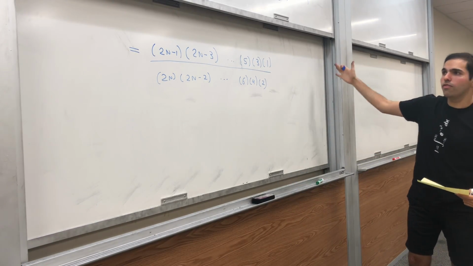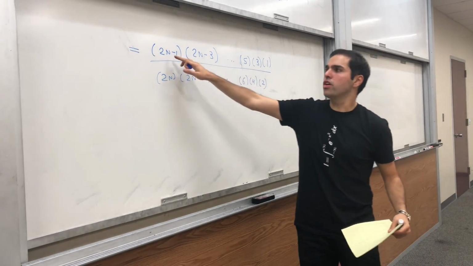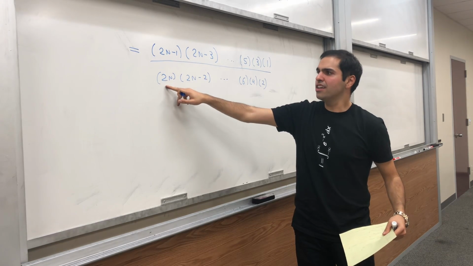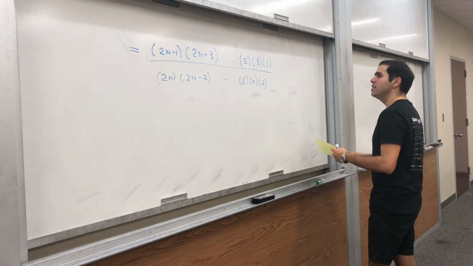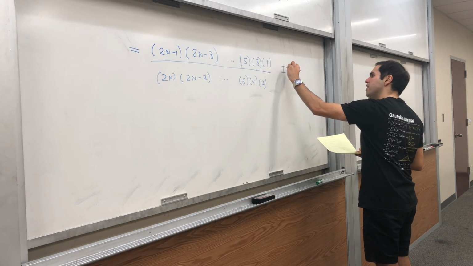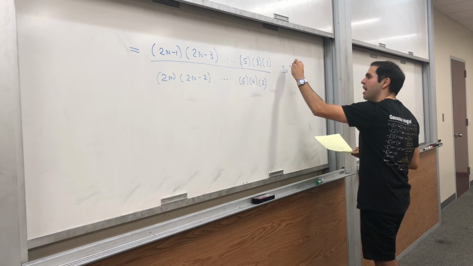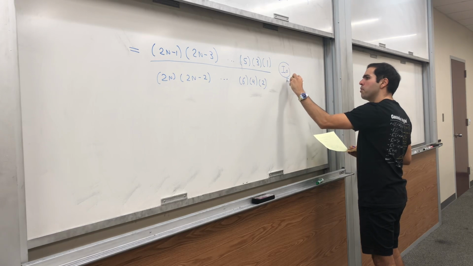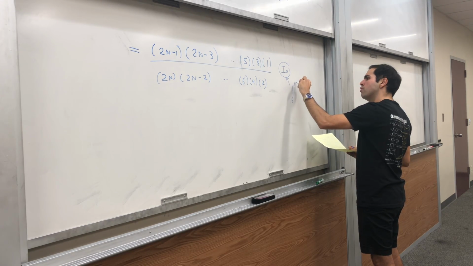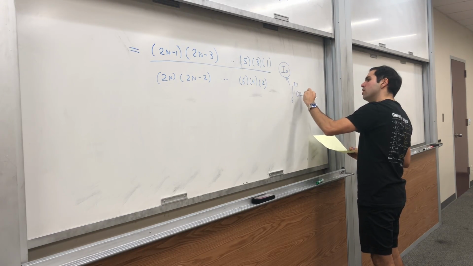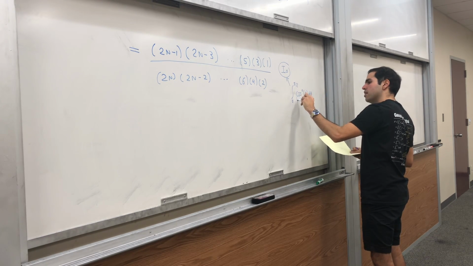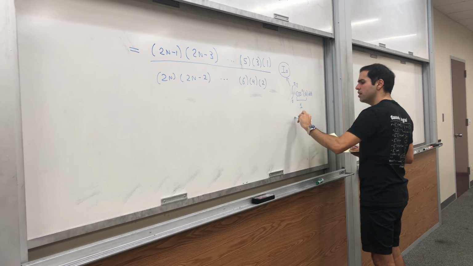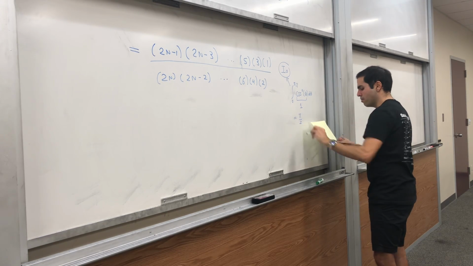Again, the product of all the odd numbers starting at 2n minus 1 and the product of all the even numbers starting at 2n in decreasing order. And in the end, the last term becomes I of 0. And remember, I of 0 is the integral from 0 to pi over 2 of cosine 0 theta d theta. But that's just 1. So the integral is just pi over 2.